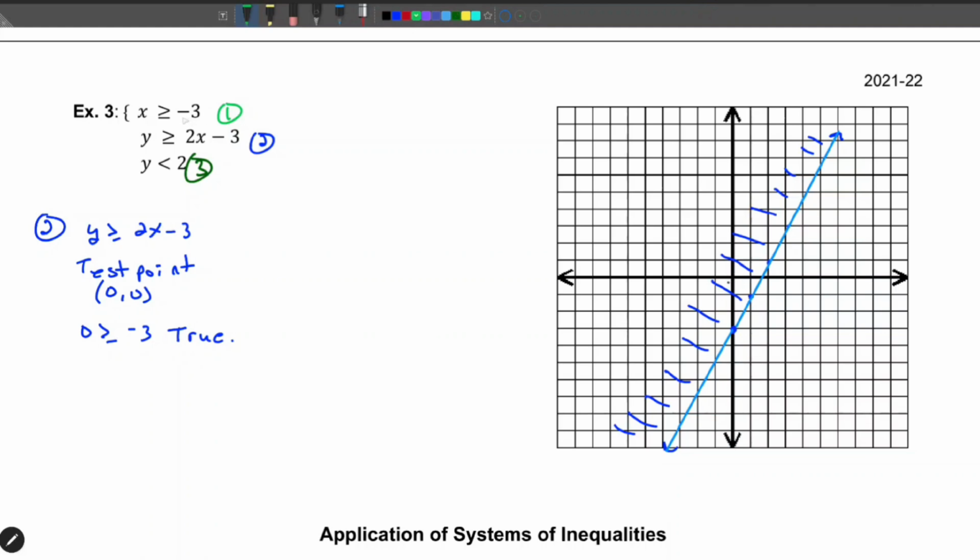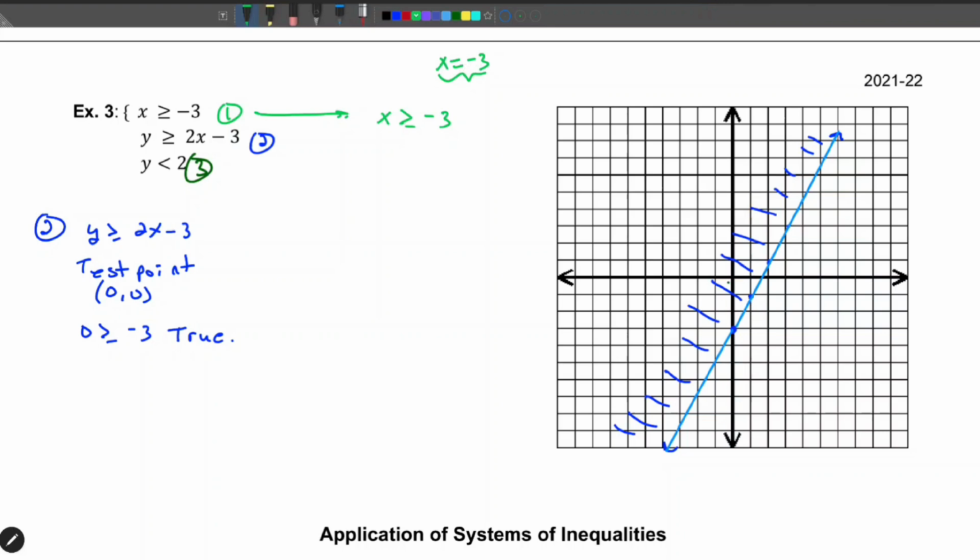Let's start with equation 1. I'm just going to rewrite it so we're not looking at multiple things here. So x is greater than or equal to -3. So what this means, right? There's no y value. We can't put it in mx plus b form. We need to think about if x is equal to -3, what does that mean? Well, there's no y values, right?